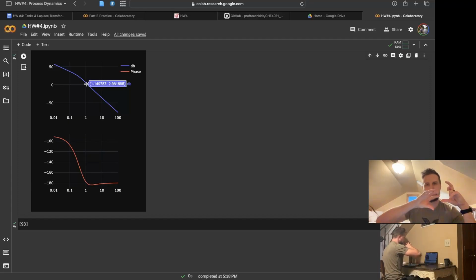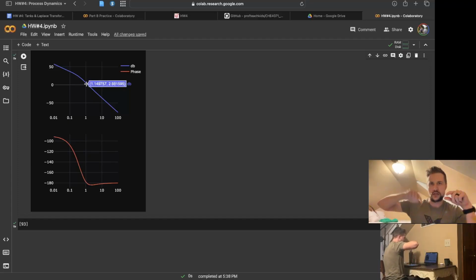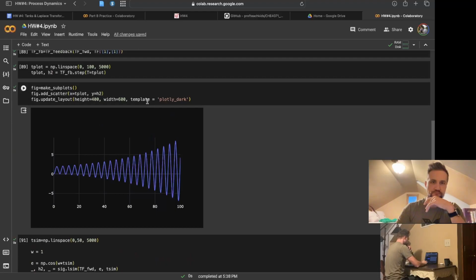So we should see oscillations that continue to increase on into infinity, because we've been shown from our Bode diagram that at the crossover frequency, our amplitude ratio is greater than 1. So let's see if that is the case, which it is.